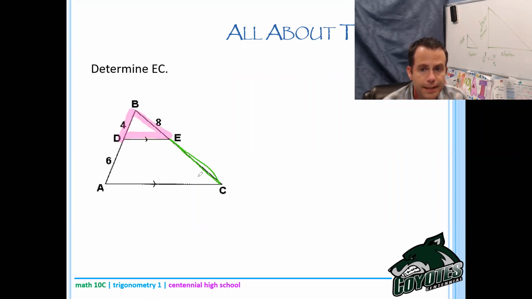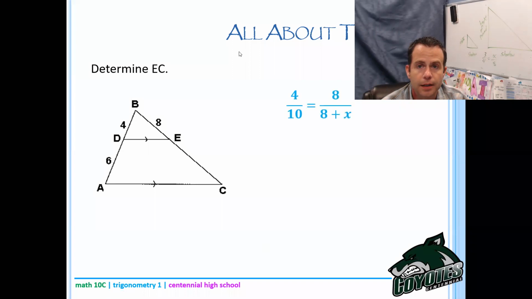But then this EC is actually not part of another triangle. It's a piece of a side of another triangle. The other triangle is actually this whole thing here. You end up with a triangle inside a triangle, okay? So where this height is 4, this height is 10. You see that? Okay, so when I go to set this up, I got to be really careful about that.